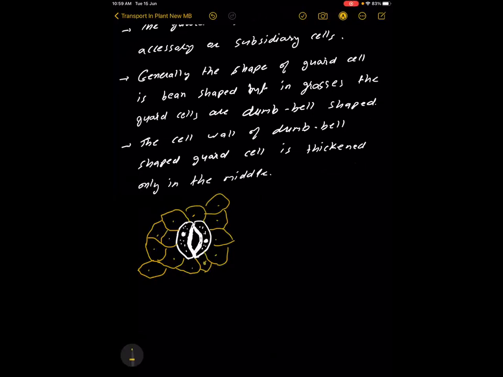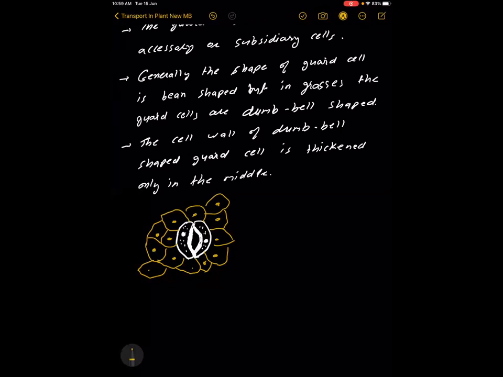Fine. Sir, what is the function of this elasticity of the outer membrane? If both membranes are non-elastic, then even when water is there and turgidity is available, the cell cannot open this aperture.